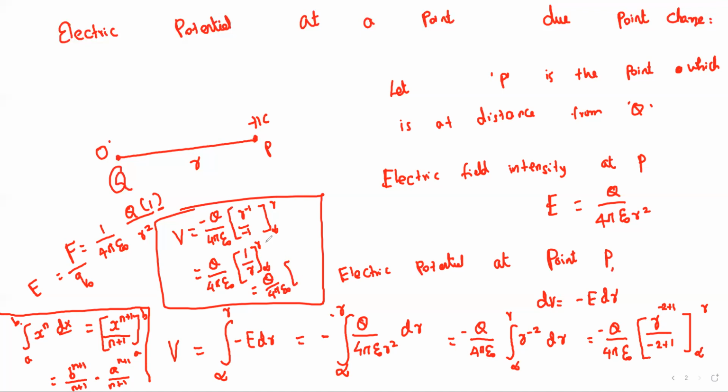Instead of R, you just substitute R, then minus, you substitute infinity. And we know what 1 by infinity is. Anything divided by infinity should be 0. So the final formula is V is equal to Q by 4 pi epsilon 0 R.